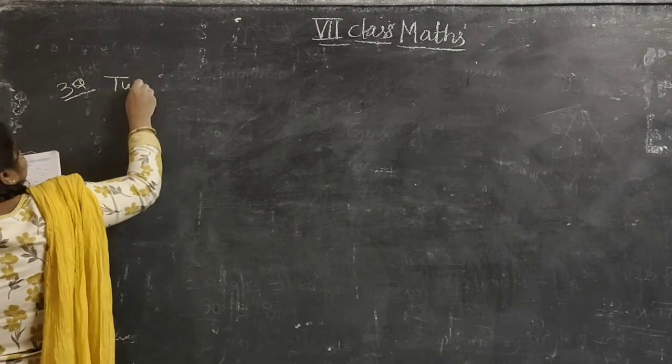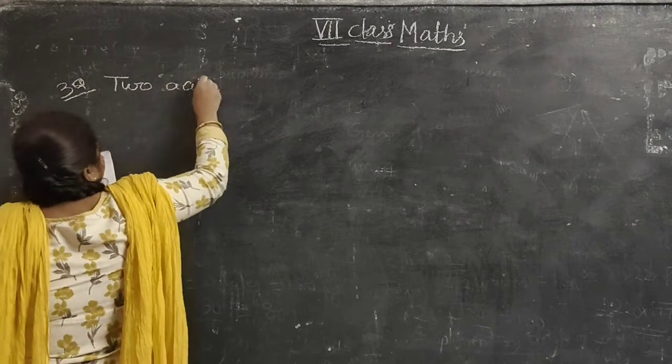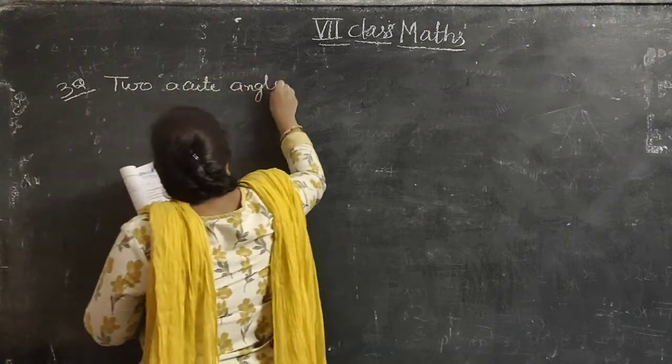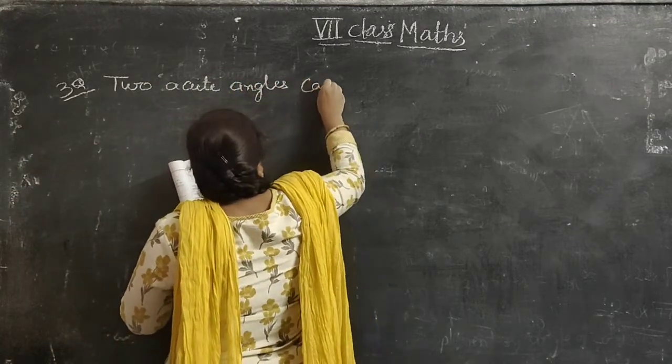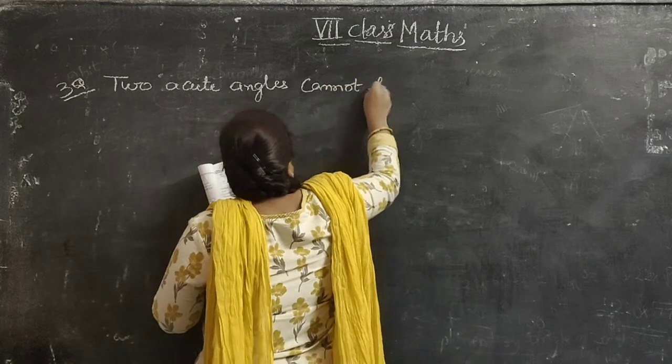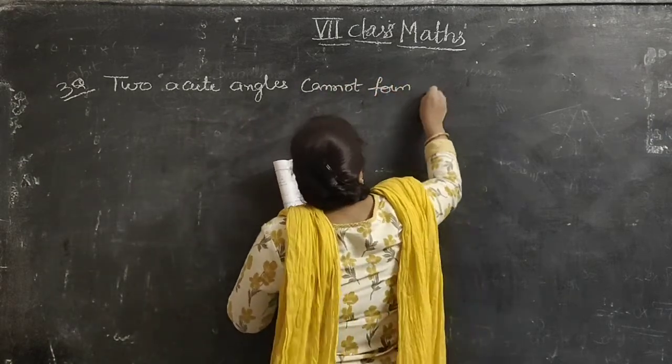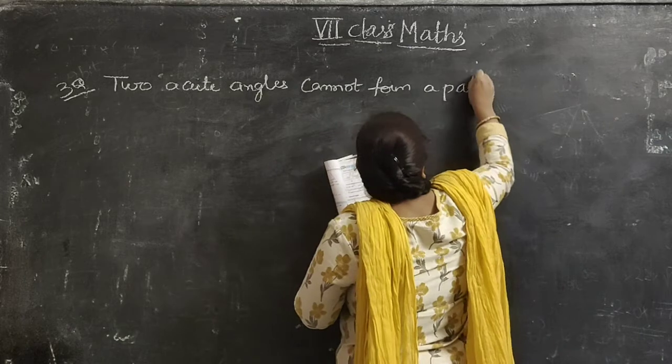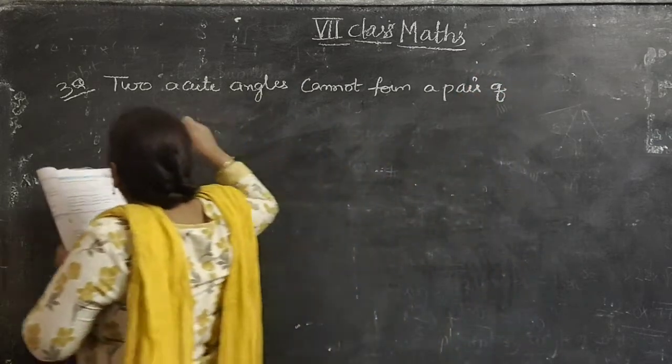So here, what is the third question? Two acute angles cannot form a pair of supplementary angles.